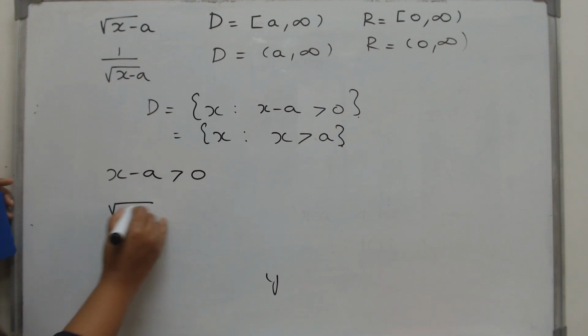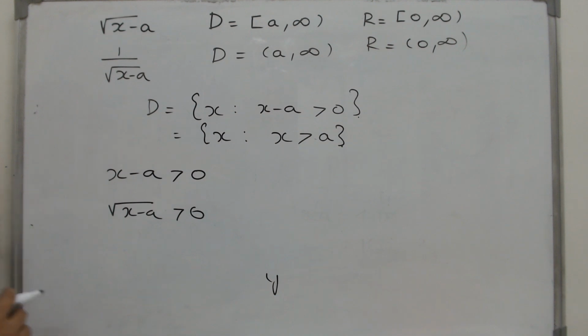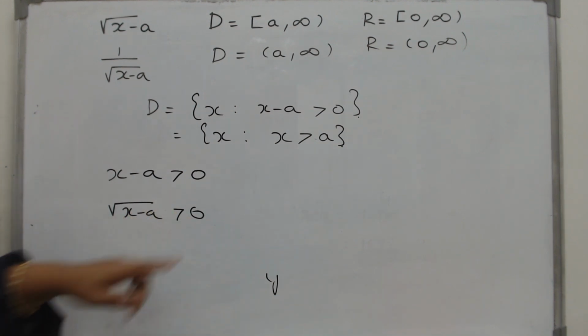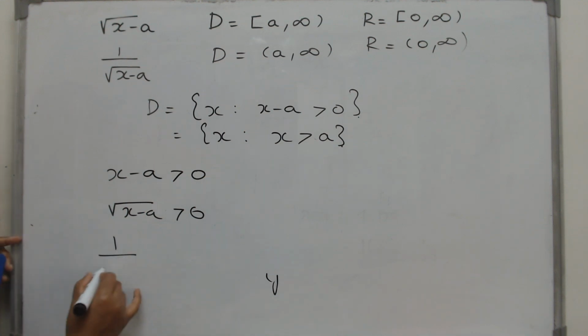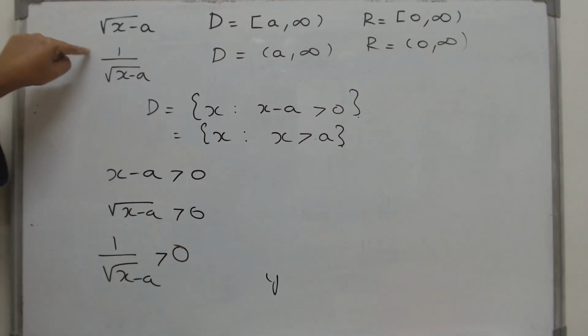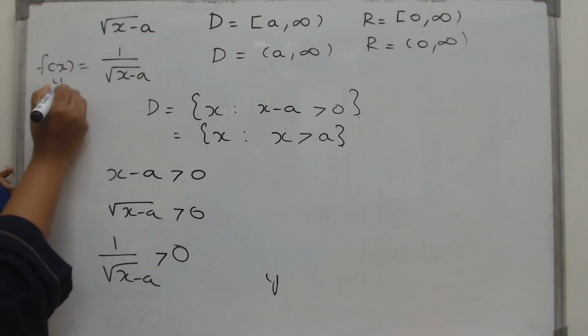Now when a number is positive, its square root is positive. Now when a positive number is greater than 0, then its reciprocal will also be greater than 0. But then what is this number? This is exactly our y, our f(x), which we had taken as y.